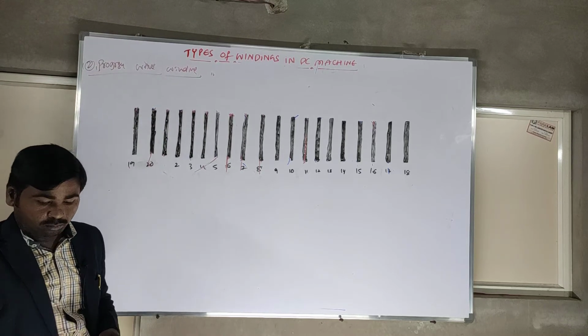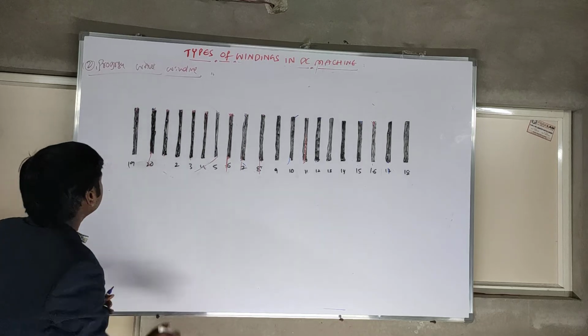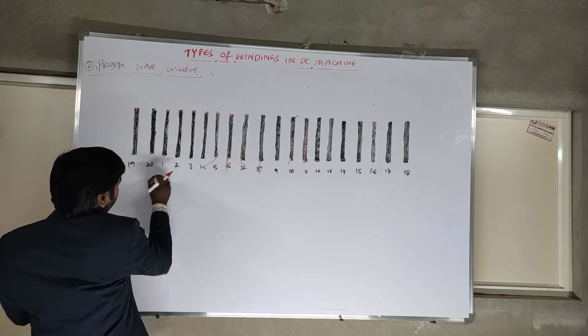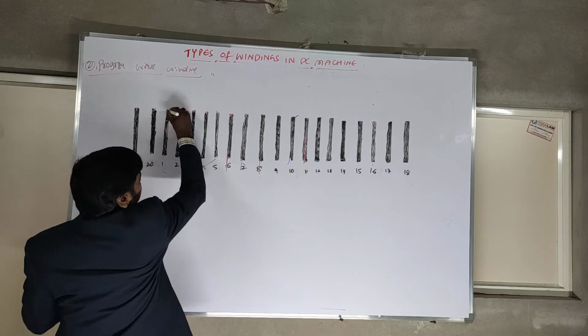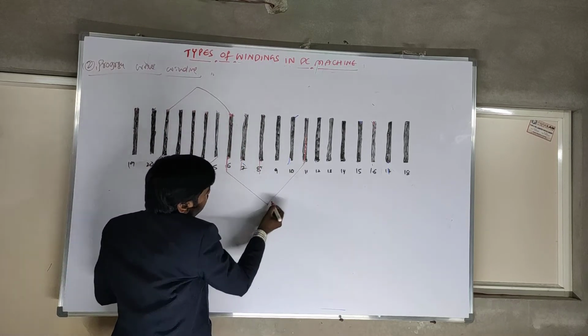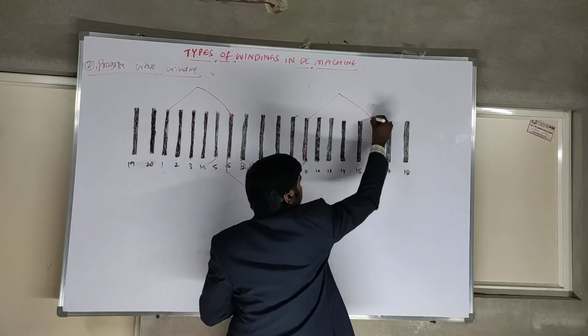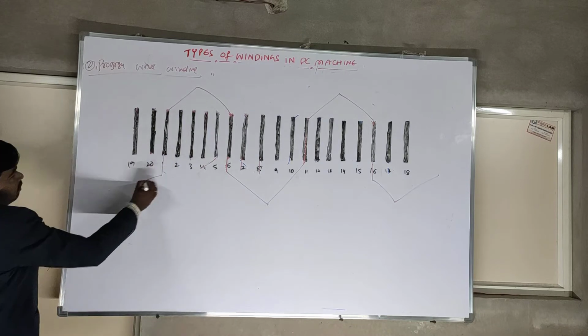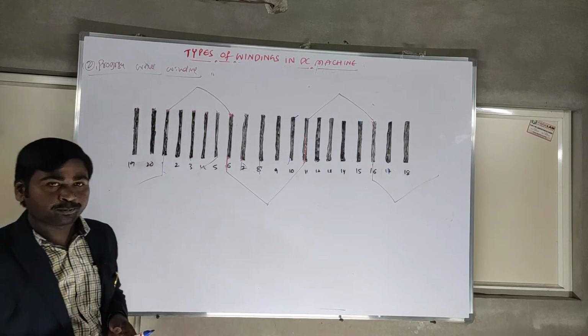Generally, you should draw a progressive wave winding. How do you draw a wave winding? The first one will go to the 6th conductor, followed by the 11th conductor, followed by the 16th one. Keep on going there. Your wave winding should come here.